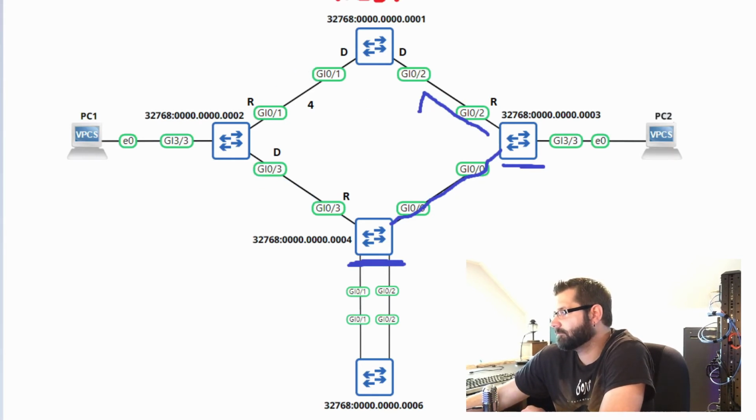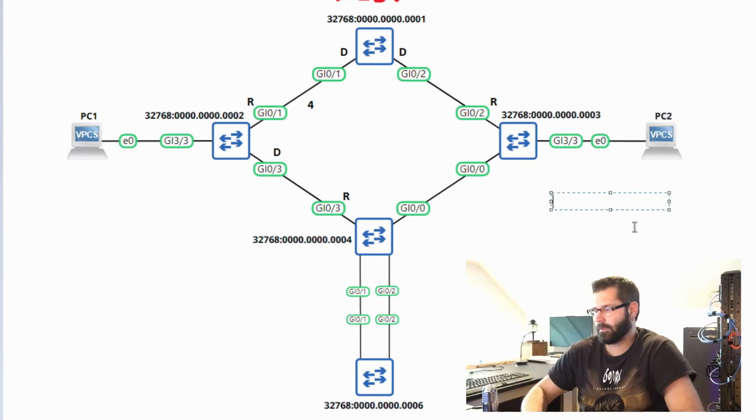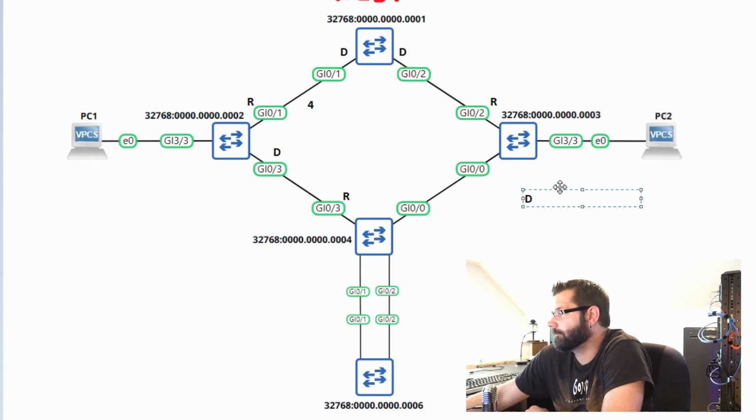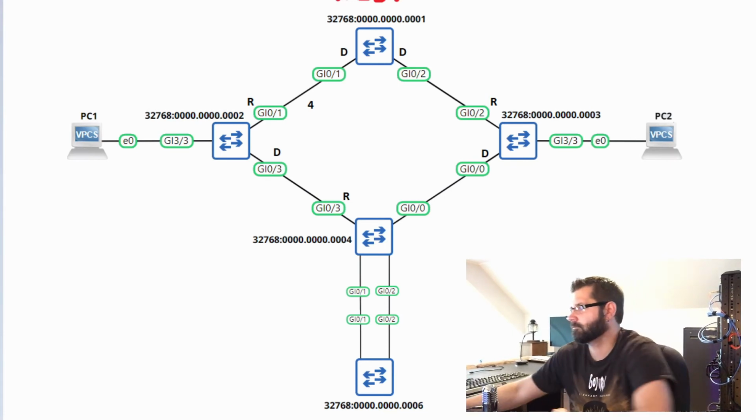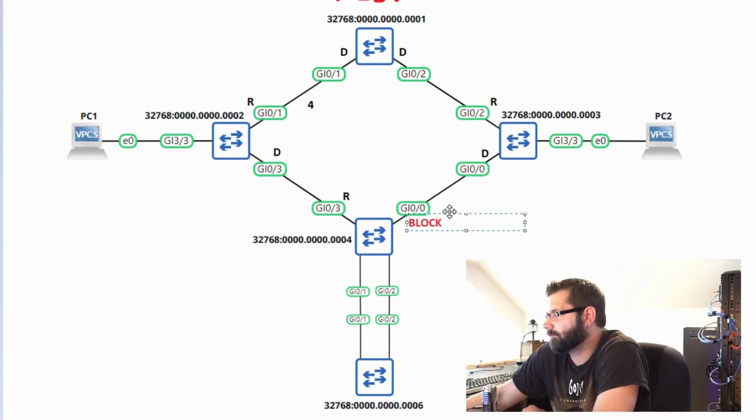So with that being said, this side of the link right here would be the designated port side. And then everything left over is blocking. So the blocked port will be gig 0/0 right here on this switch. So we'll be blocking right here.